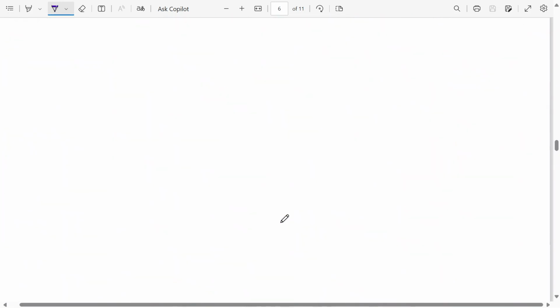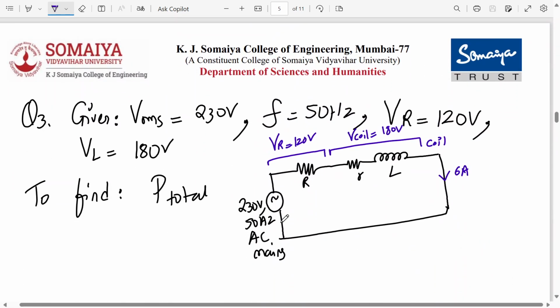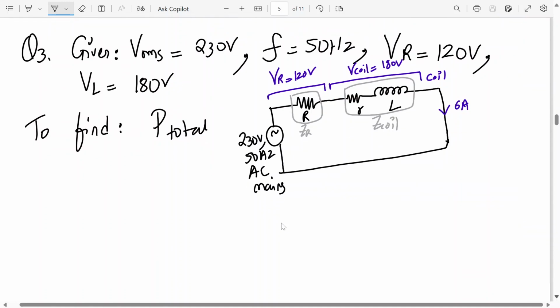As long as you all are understanding, it's okay to use the diagram. Now, this we can call a coil, right? This is a pure resistor and this is a pure coil. So you can calculate Z coil for this, and ZR for this, and then merge them and find the remaining parameters.